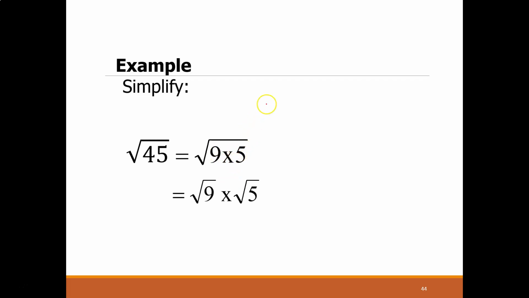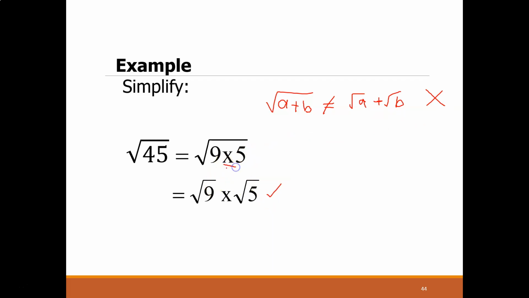Sebab ini tidak sama dengan yang A plus B tadi. A plus B ni is not equal to surd A plus surd B. This one salah. This is wrong. But this one is correct.